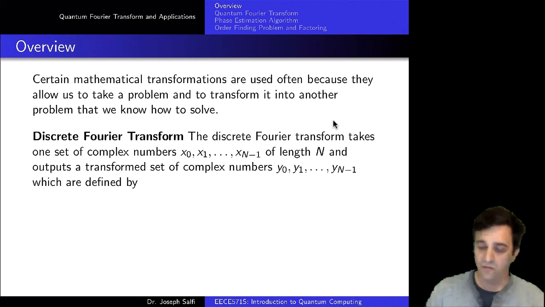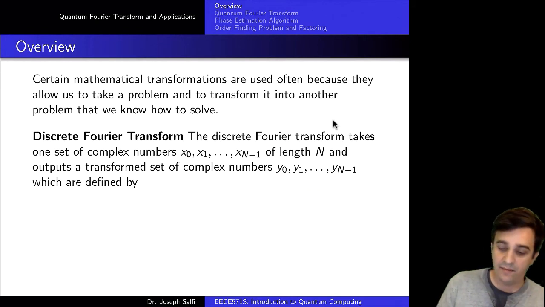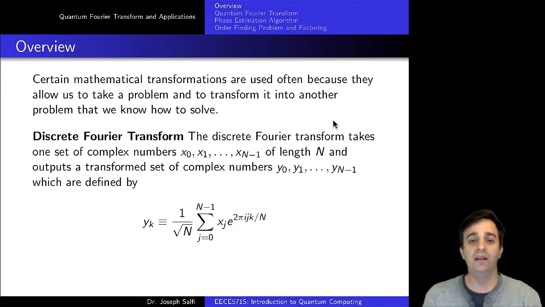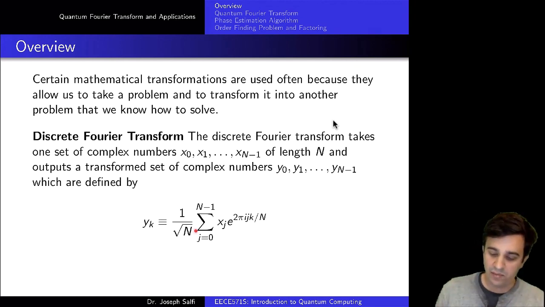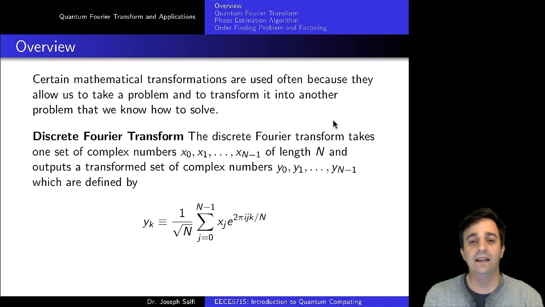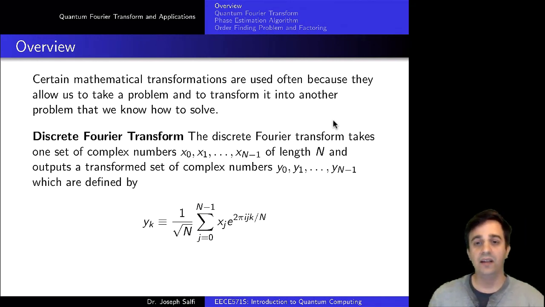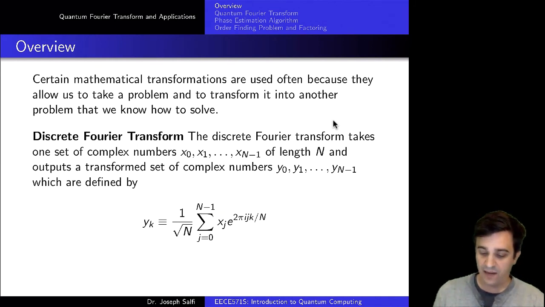The values y0 to yn minus 1 are defined by the following formula. Y sub k is equal to 1 upon the square root of n times the sum from j equals 0 to n minus 1 of xj, the input coefficients, times a phase e to the 2 pi ijk divided by n.